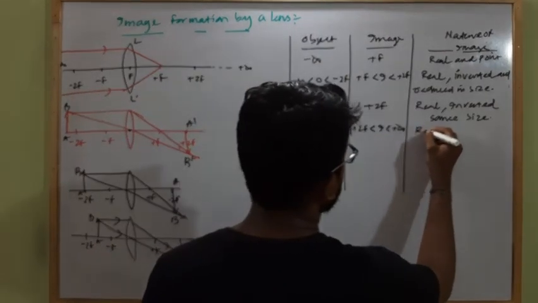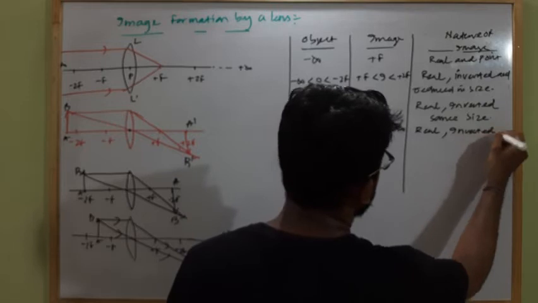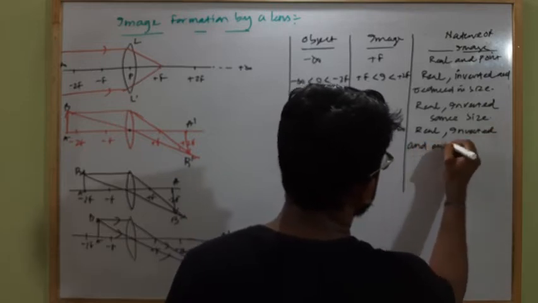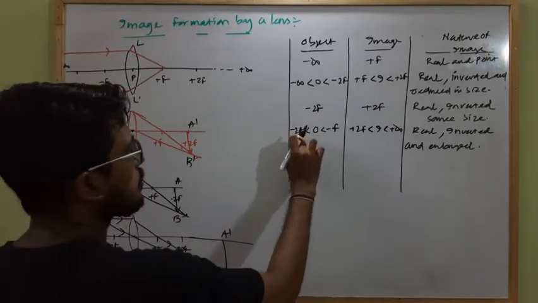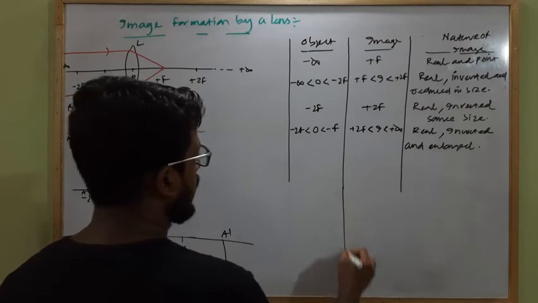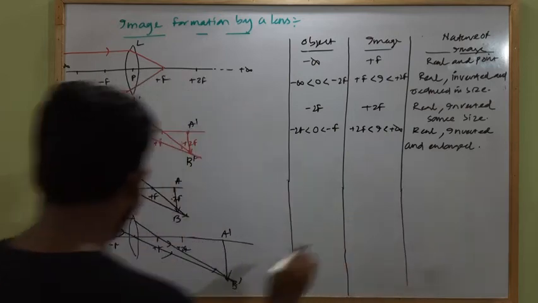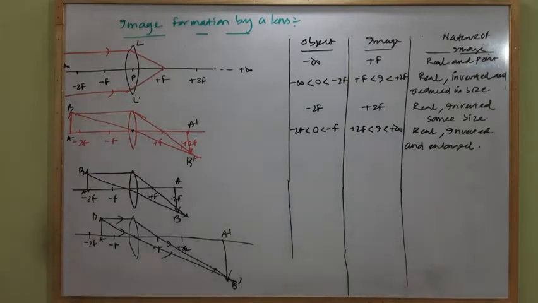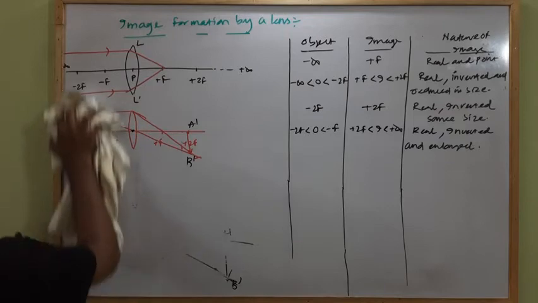So real image, inverted and enlarged. Clear? The location of object is minus 2f to minus f. Image will be plus 2f to plus infinite, which is real, inverted and enlarged. Clear? Next, when object is at focus minus f.